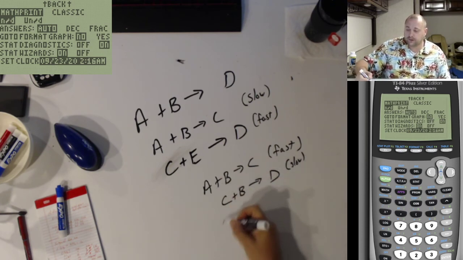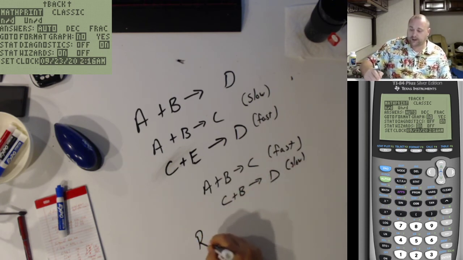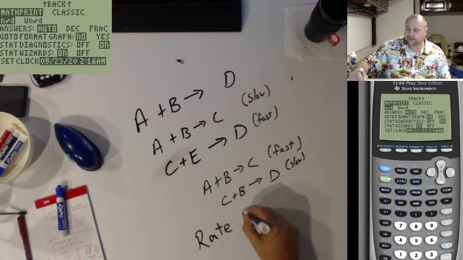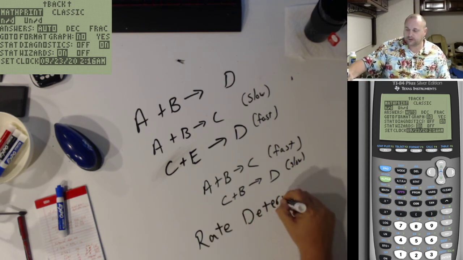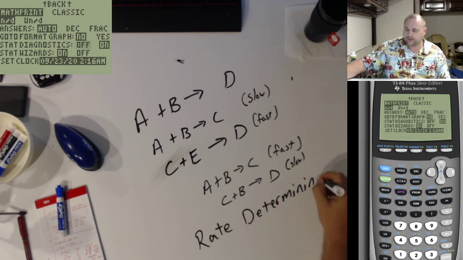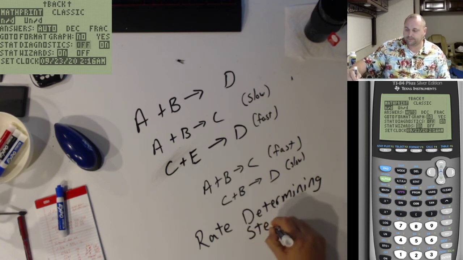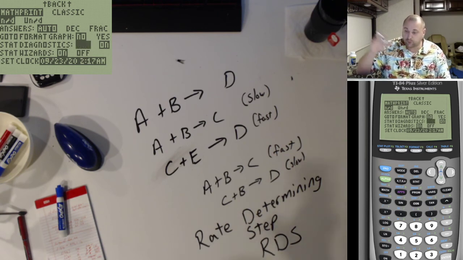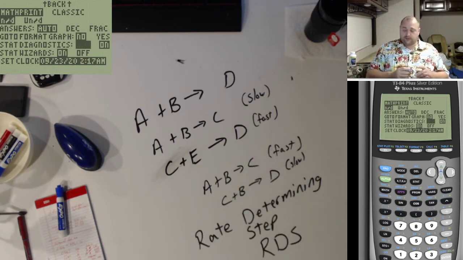And this step is called the rate determining step, or RDS. And it's whichever one is the slowest. So when they say slow and fast, they're just telling you which one we need to worry about the rate law for.